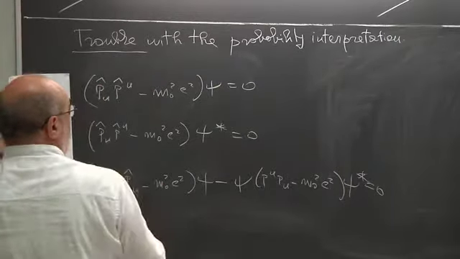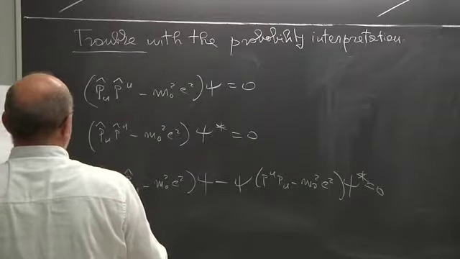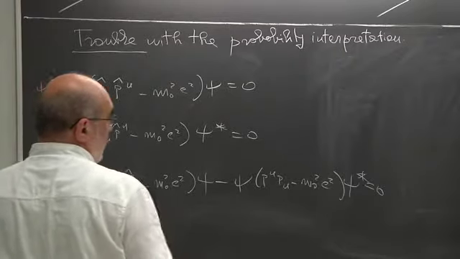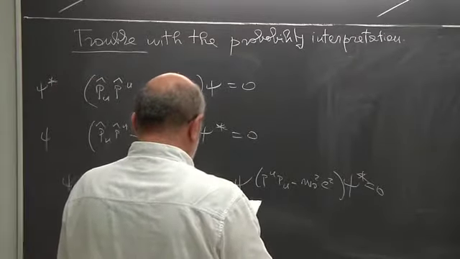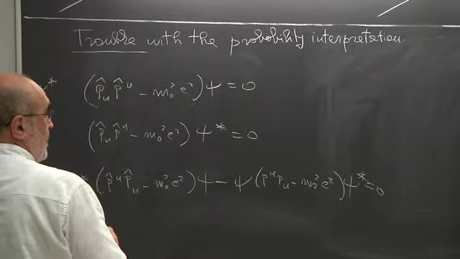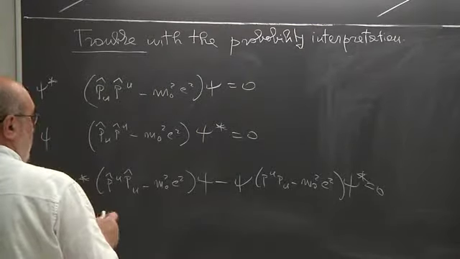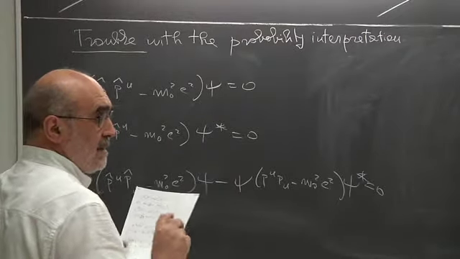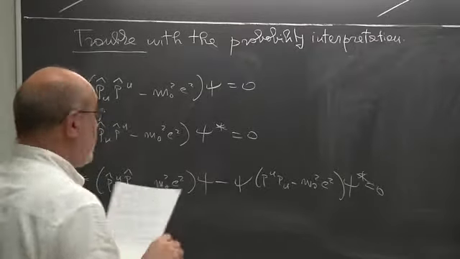One I obtain as the complex conjugate of the other. I multiply the first one by psi star, the second by psi, and I subtract. It's the same thing you do in the Schrödinger case to derive the continuity equation between the probability density and the current density. You remember that, okay?